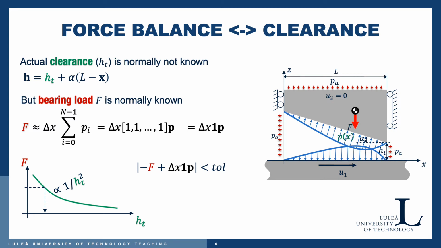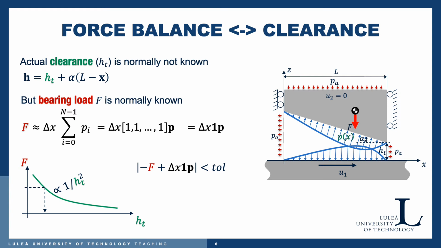And when we do, we are trying to find the clearance h_t that makes the absolute value of F minus delta x times the dot product between this one vector and p less than a certain tolerance.